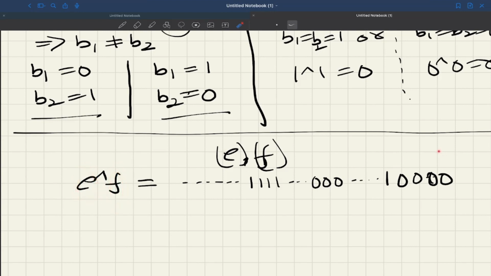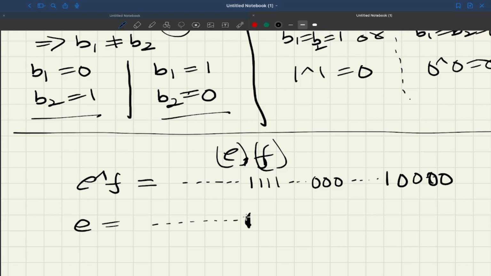If the rightmost bit of E and F is 0, then I can definitely say that the binary representation of E ends with 0.